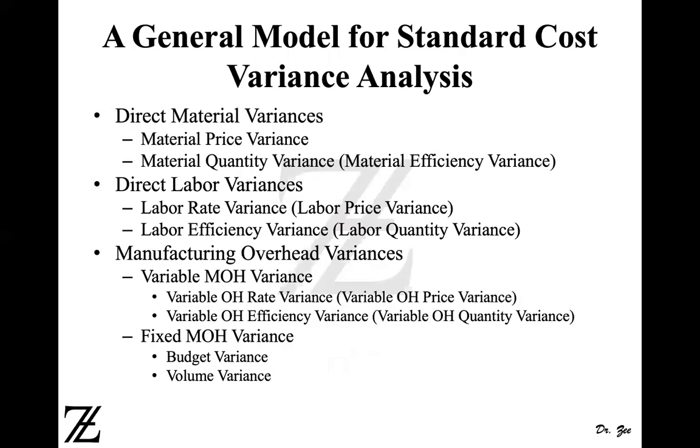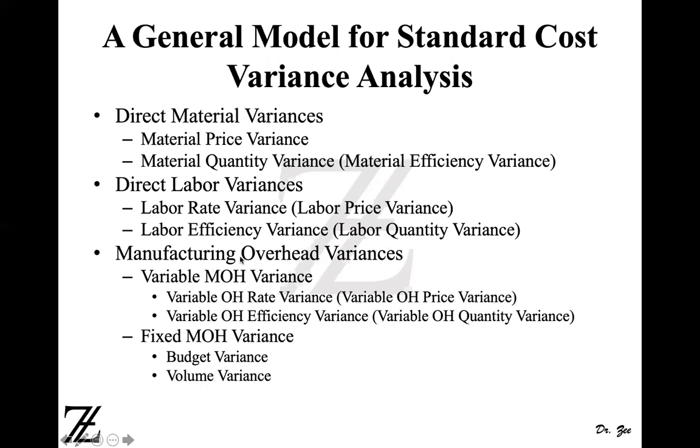Then we move on to the general model of standard costing. Now, we need to create the variances for material, and the material variances are based on the price and the quantity. Sometimes it's also known as material efficiency variance, the quantity variance. Direct labor variances are direct labor rate variance, which is sometimes also known as direct labor price variance, and then we have direct labor efficiency variance, which is also known as labor quantity variance.